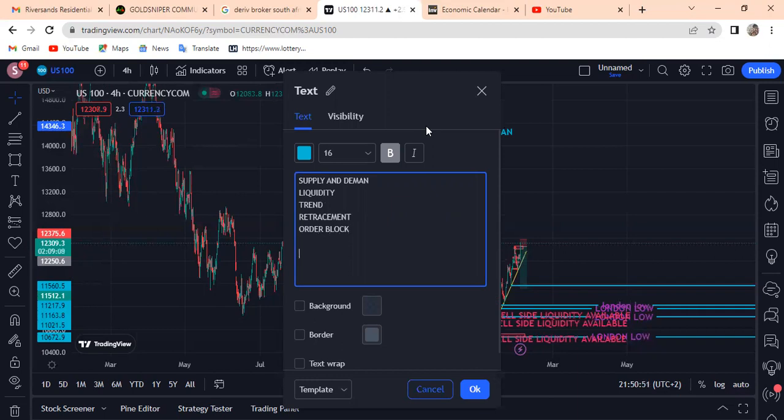And then some of the abbreviations, which we like: BOT, which stands for break of trend. We have BOS, which stands for break of structure.